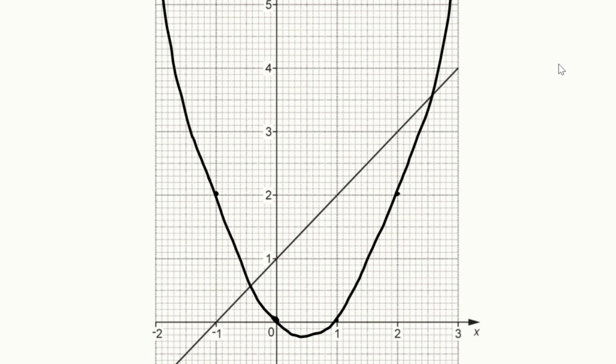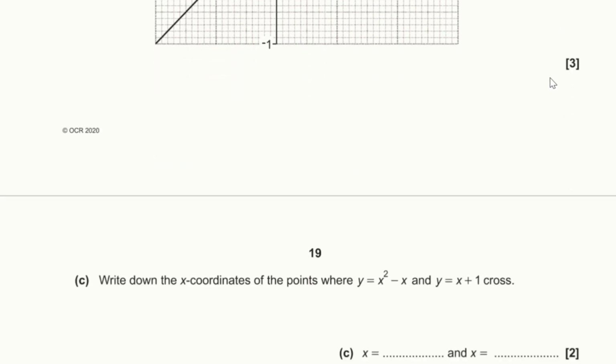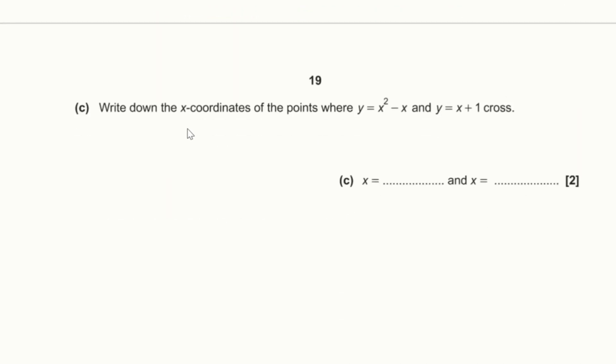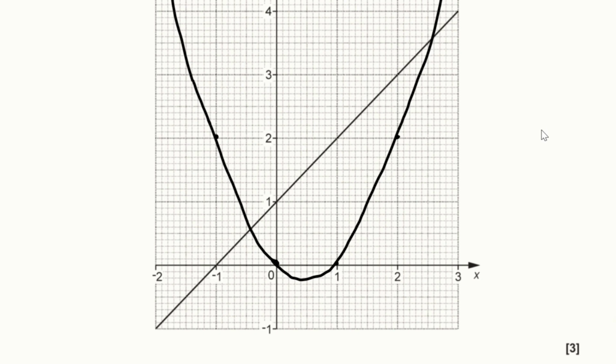Here is the plotted graph. It's just a rough sketch. And now for the next part of the question, we have to write the x coordinates of the points where y equals x squared minus x and y equals x plus 1 cross. Well, they cross at two distinct points.